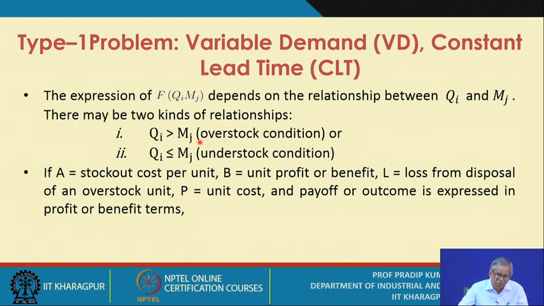So first you consider the overstock condition, but if Qi is less than Mj, that means order quantity is less than the demand. Obviously, you are unable to fulfill certain demand, and so it is an understock condition. So overstock condition is excess, and understock condition means you have insufficient stock to meet the demand.